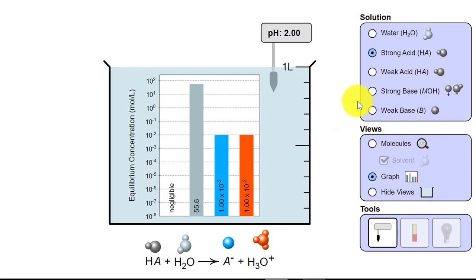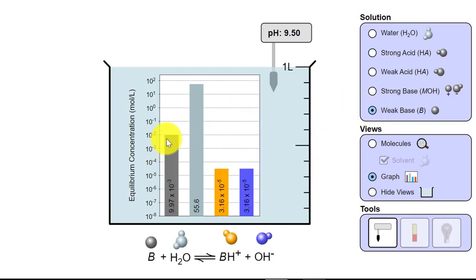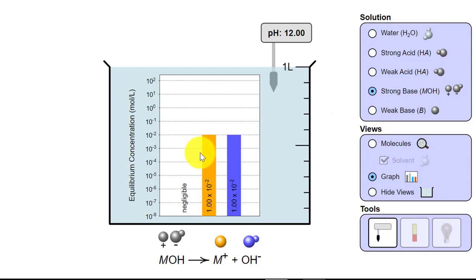Now let's look at the base. Notice the weak base. There's still a bunch of weak base left, and some of them are being dissolved into the OH minus. But look what happened when I have a strong base. All the base has completely dissociated in the form of OH minus.